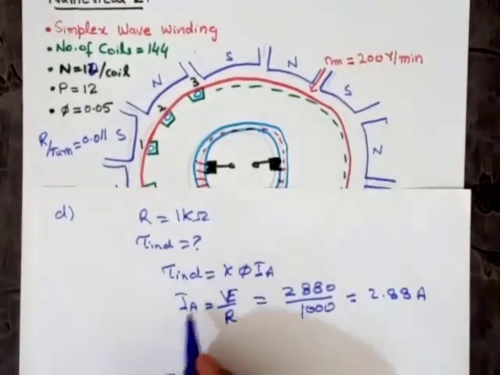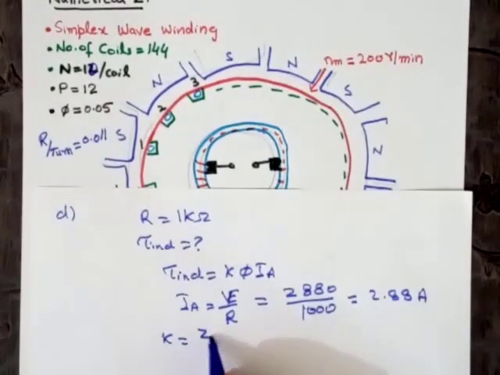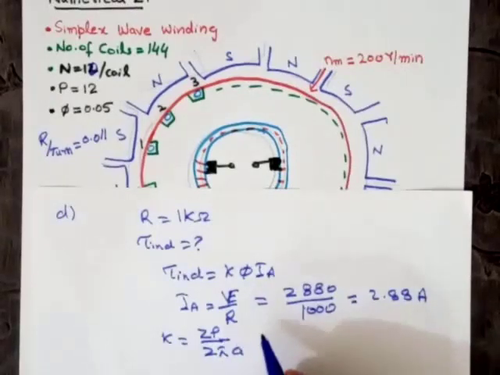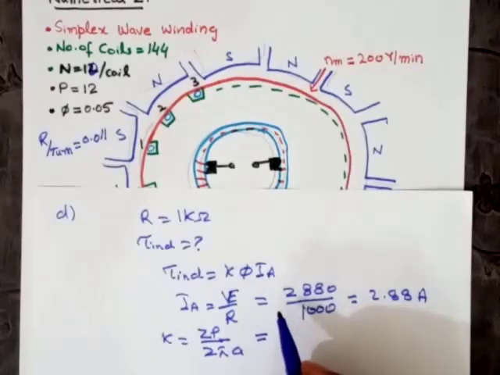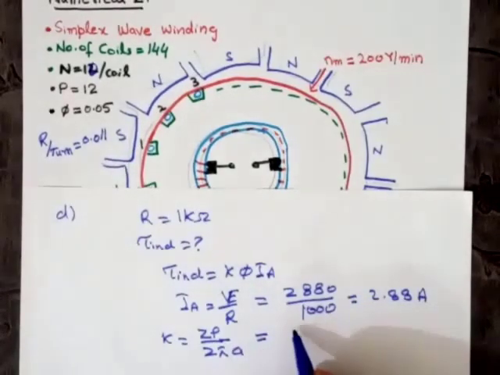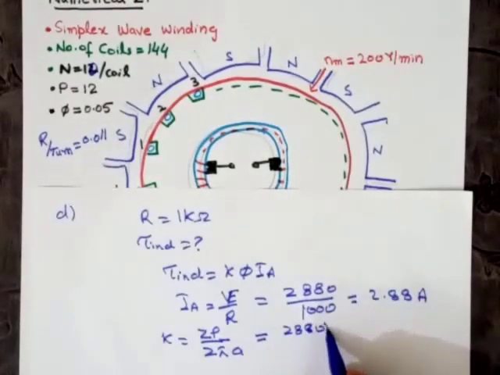Putting the value of I in this equation, we get tau induced. Now the value of K in this formula is K equal to Z P over 2 pi A. Putting in the values of Z, P and A, the total number of conductors we have already calculated: Z is equal to 2880, and the number of poles is given here as 12.